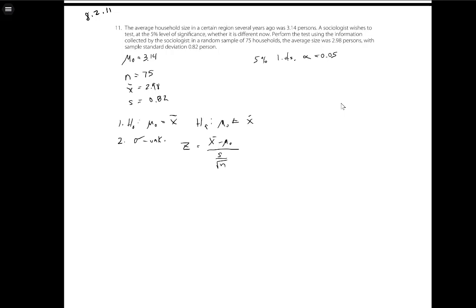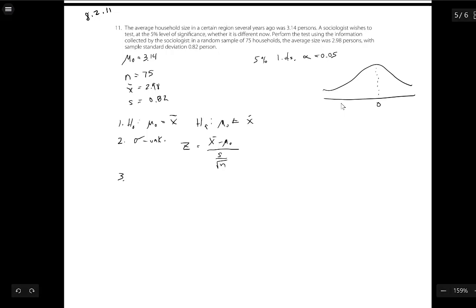Okay, so next, step 3, we actually are going to calculate this. Before I do that, let's look at our problem again. Since we're looking at an average, and we're going to look at the standard normal for that, we'll do the transformation back to the standard normal.